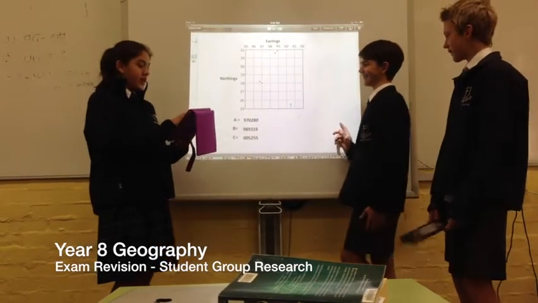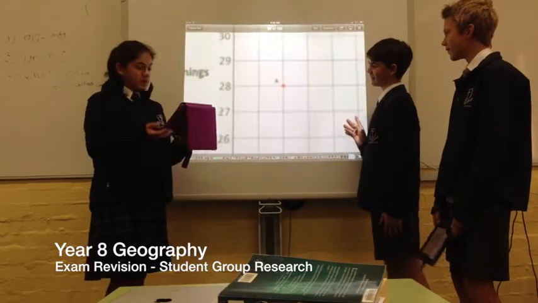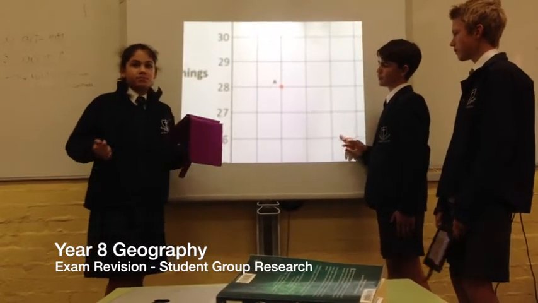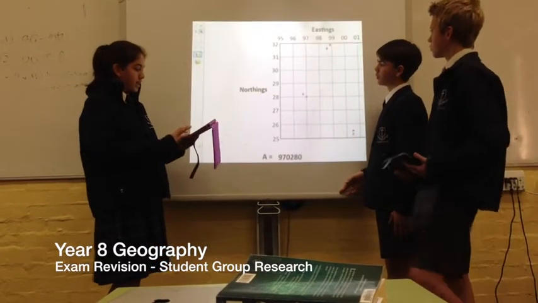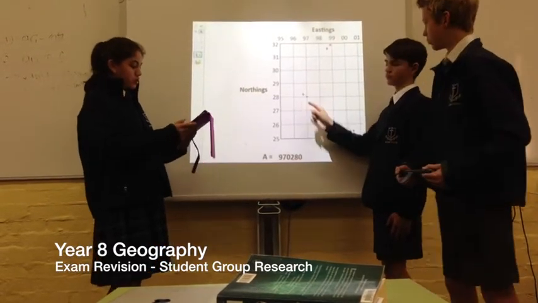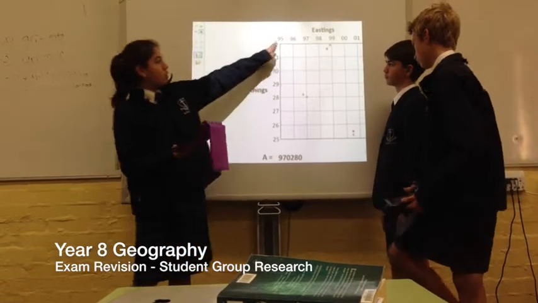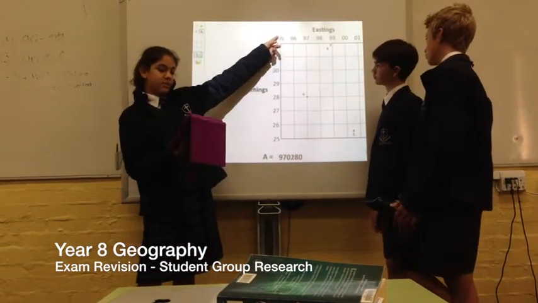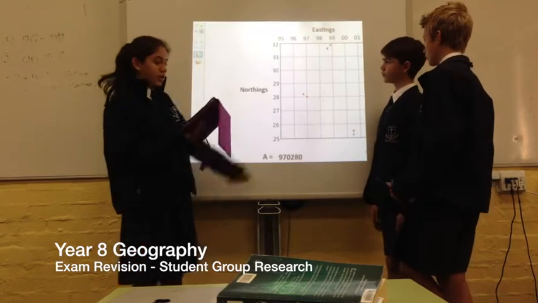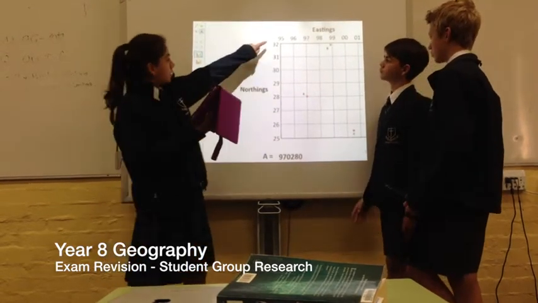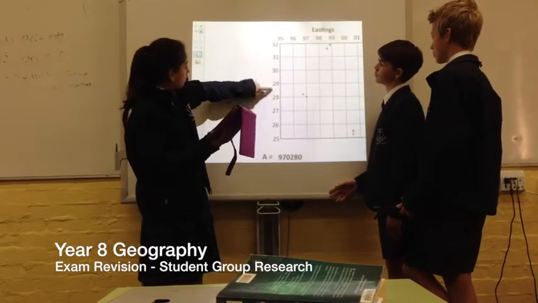So, I've got this picture of the video on the book. And so for A, even though the eastings numbers are on the top, you would still use that. Yes, good.